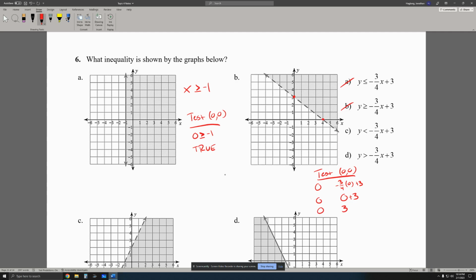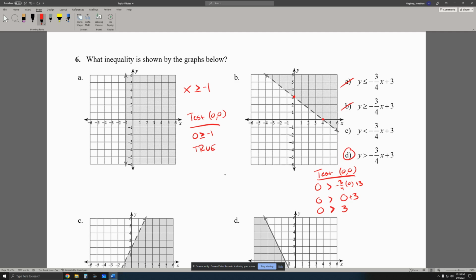Now, we are shading the side not containing 0, 0, so I want this inequality to be false. So I'm going to say something ridiculous like 0 is greater than 3, something false. We know that 3 is greater than 0, but I want this inequality to be false. So that tells me that the inequality is greater than, or letter D.